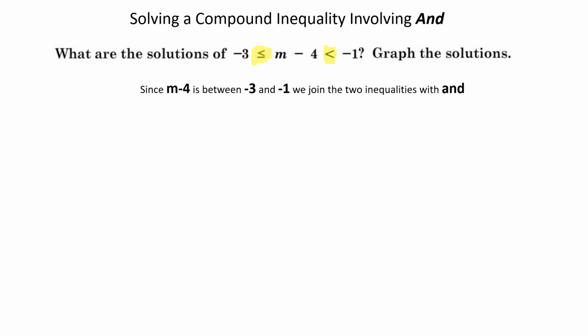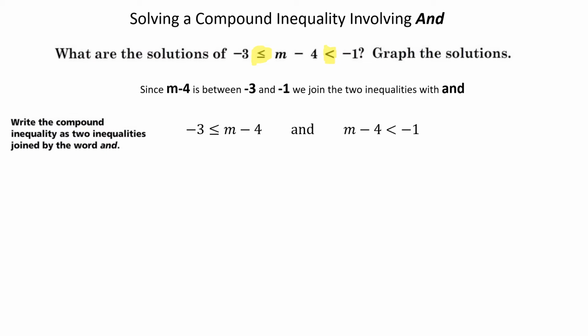Since m minus 4 is right between -3 and -1, we can join these two inequalities with and. So you're going to write the compound inequality as two inequalities joined by the word and. If you're not sure what I mean, notice we have this one right here matches this.